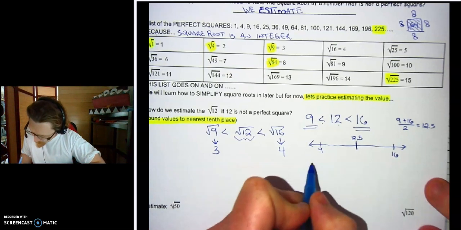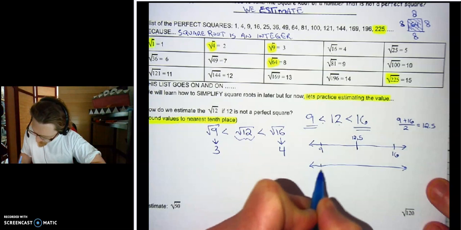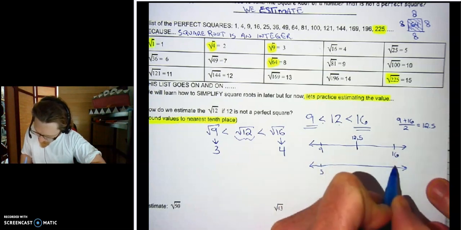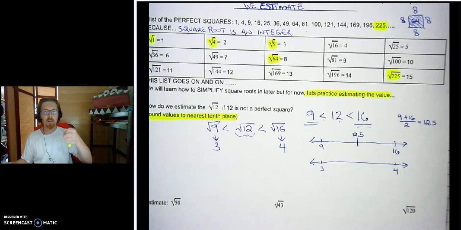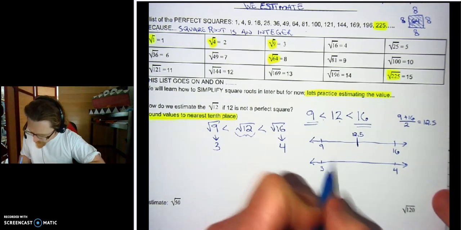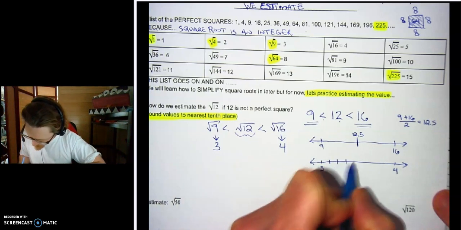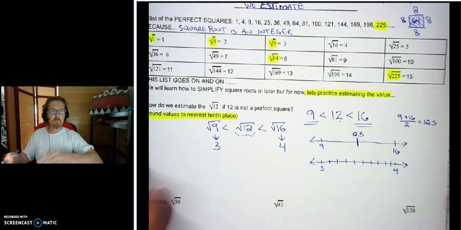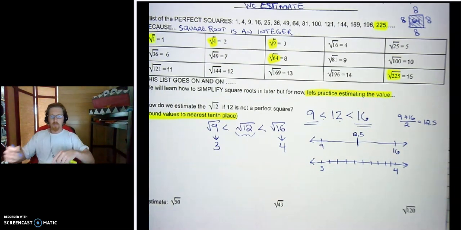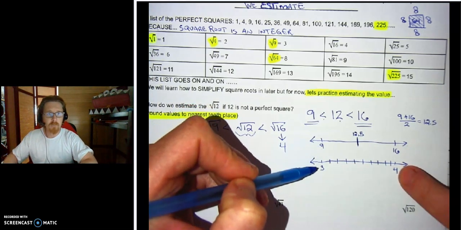Now if I think about the square roots of these numbers, the square root of 9 is 3, and the square root of 16 is 4. Because I'm trying to get the tenths place, let's think of this as chopped up into tens. 2, 3, 4, 5, 6, 7, 8, 9. If I line up these number lines, I'm between 9 and 16, and I'm between 3 and 4.